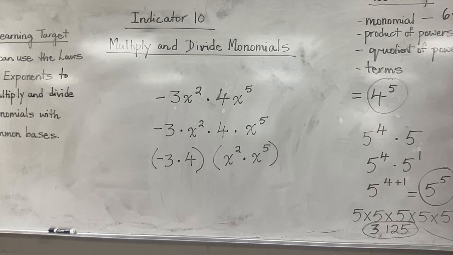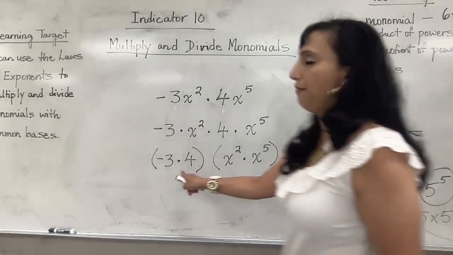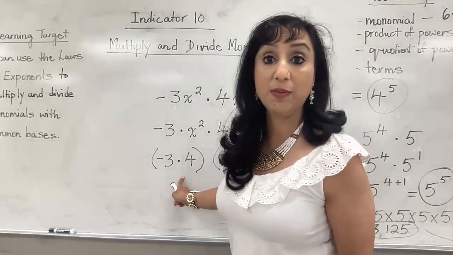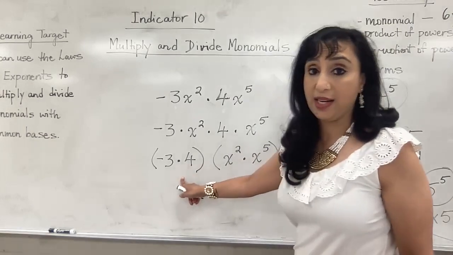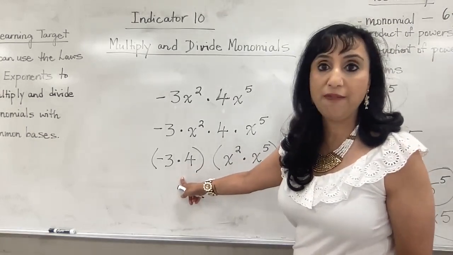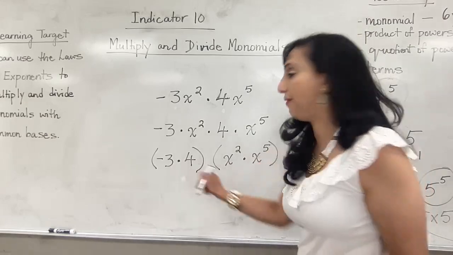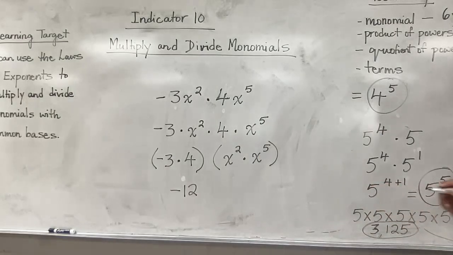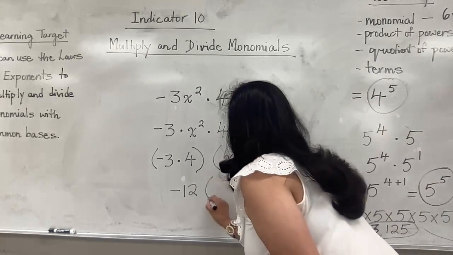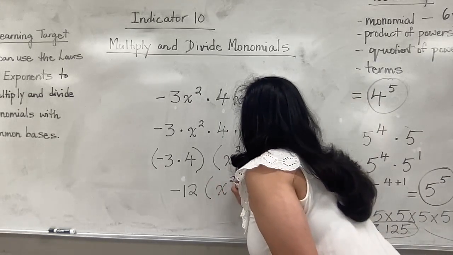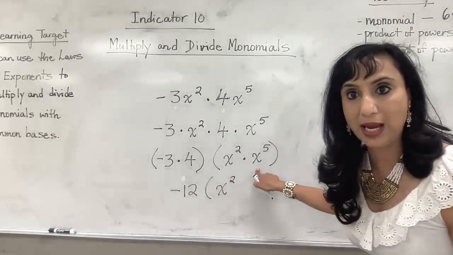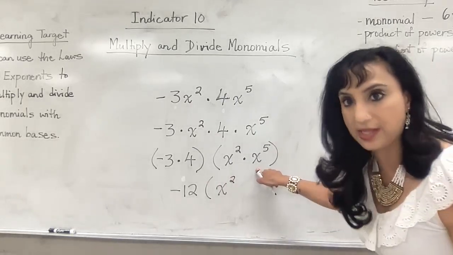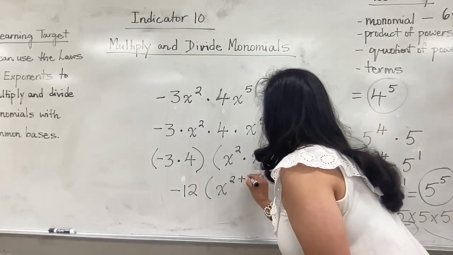Now if I do negative times positive, I know that opposite signs gives me a negative product. So -3 times +4 is going to give me -12. And then I am going to use the product of powers property, and I am going to do x squared, because the bases are the same, I can add the exponents. So 2 plus 5.